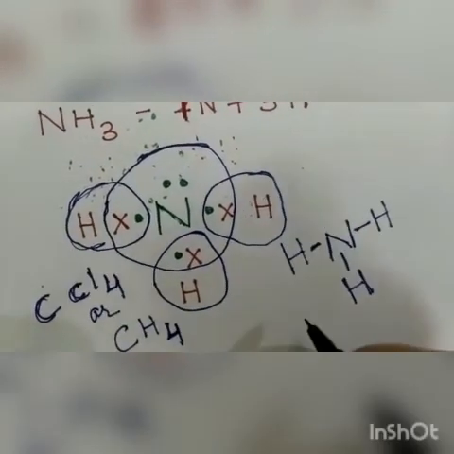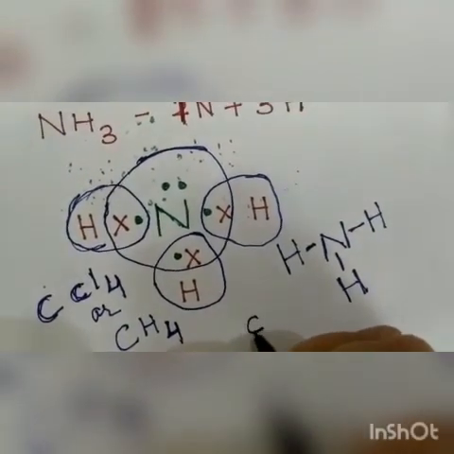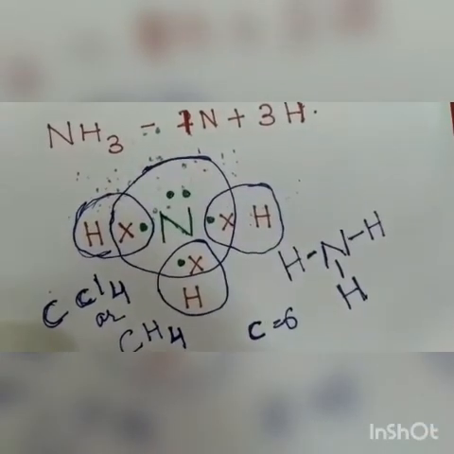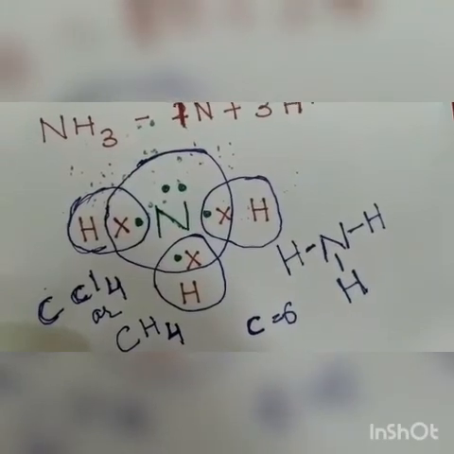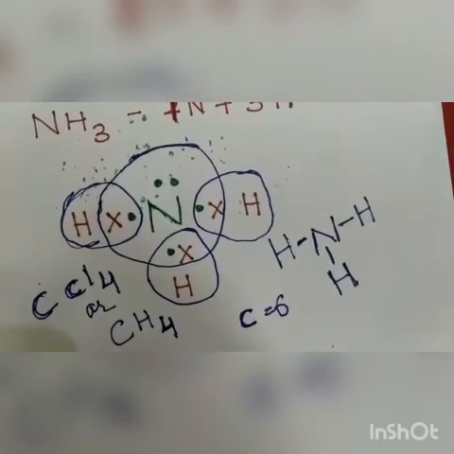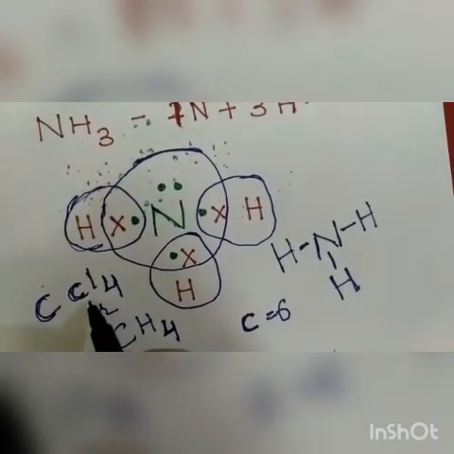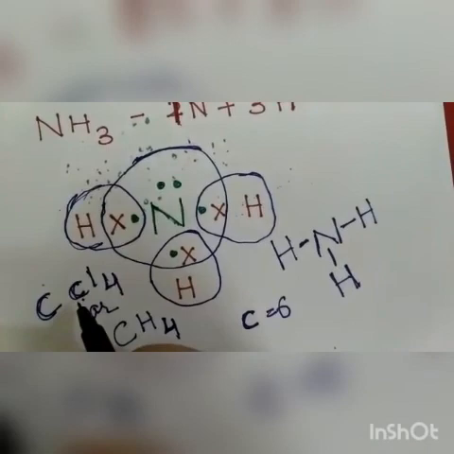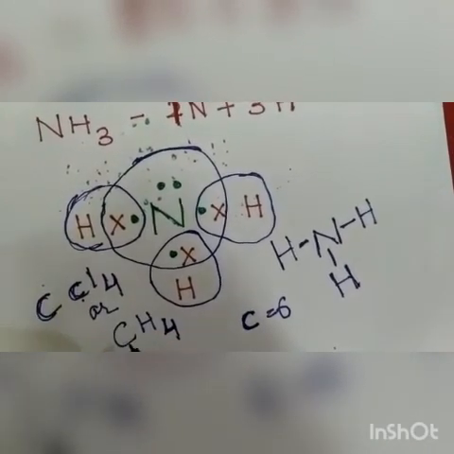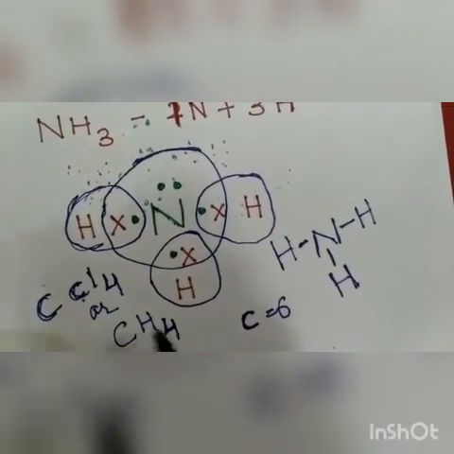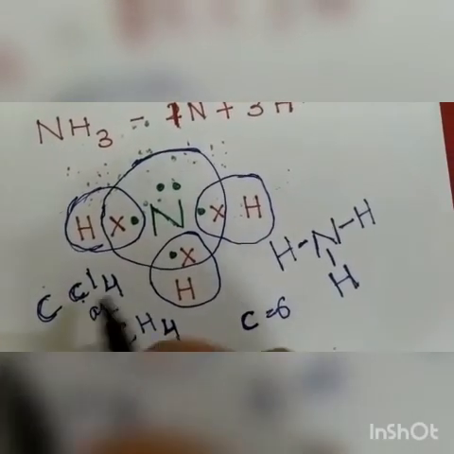The atomic number of carbon is 6. So please practice, and you can either show the formation of CCl4, which is carbon tetrachloride, or methane. CH4 is methane and this is chlorine. So you can do any one.